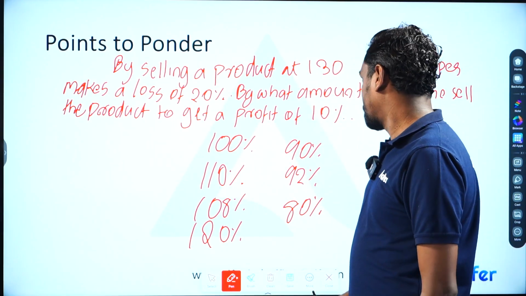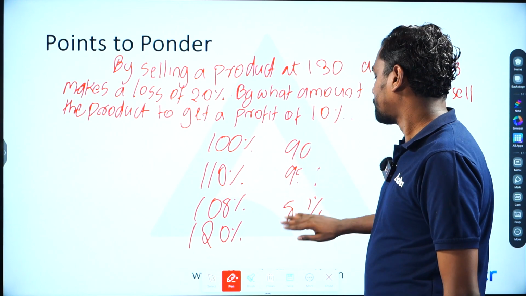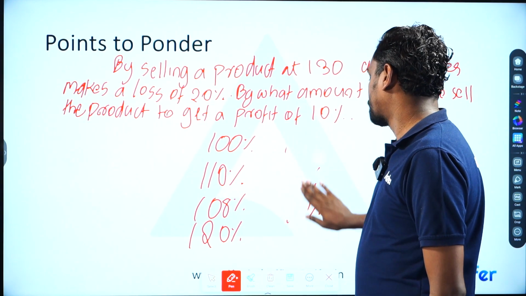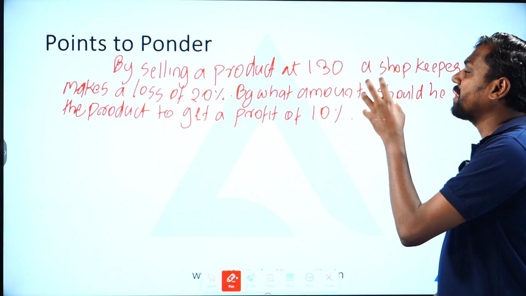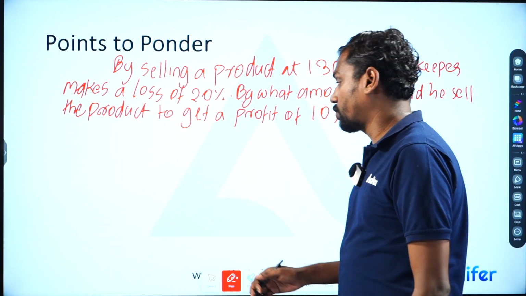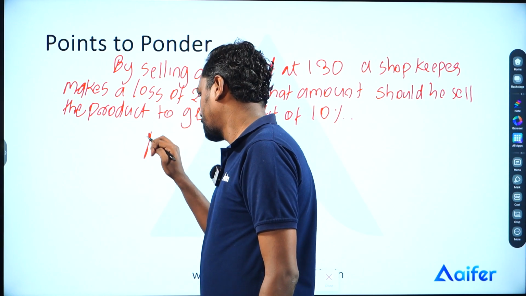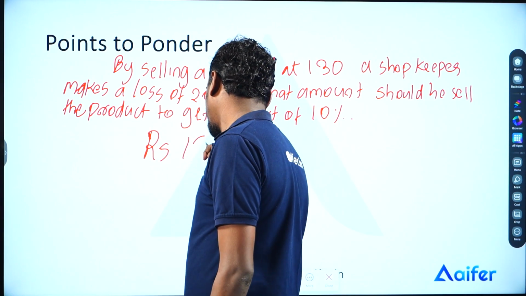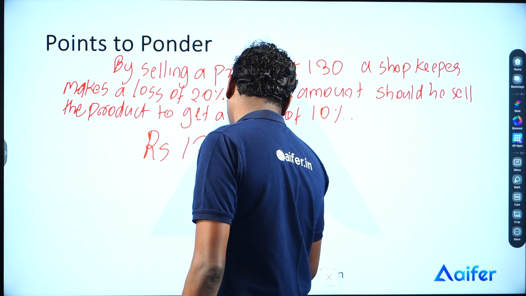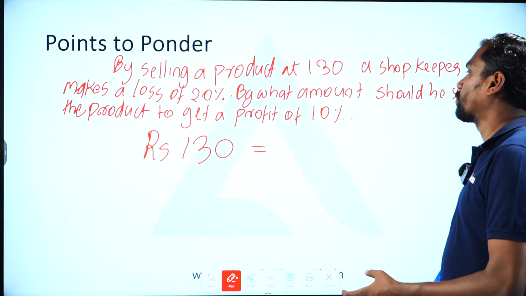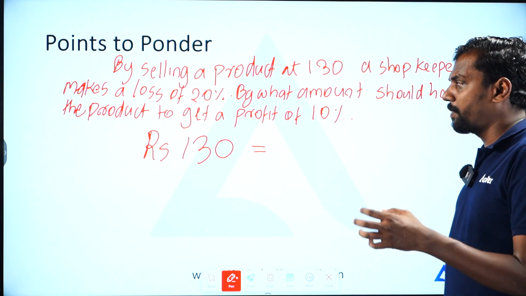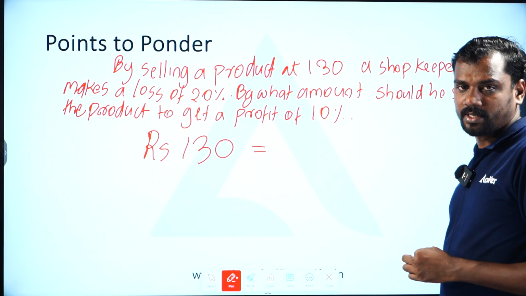So consider this particular question. Now let's try to do this question. It's given that by selling a product at rupees 130, a shopkeeper makes a loss of 20%.